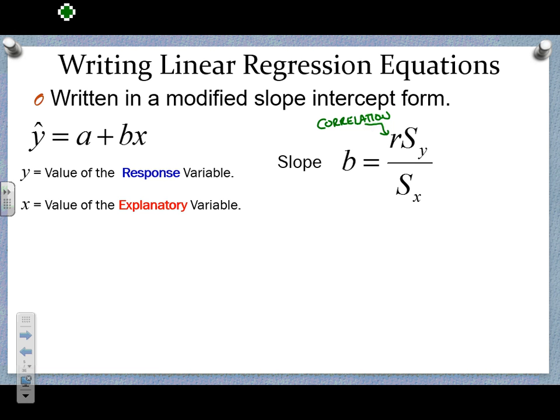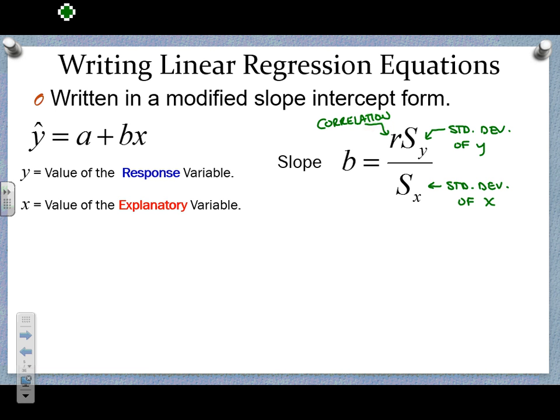What is SY? Standard deviation of Y. So what's the standard deviation of my Y variable? And then SX would be standard deviation on X. So for the slope alone, you need to calculate the correlation between the two variables and the standard deviation for both X and Y.